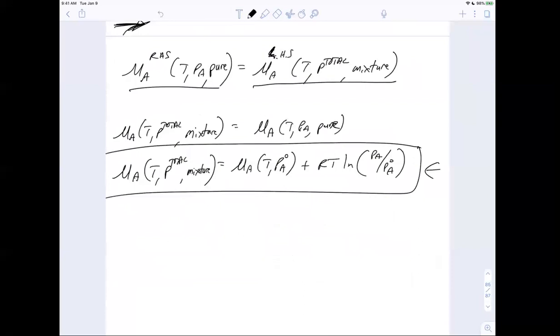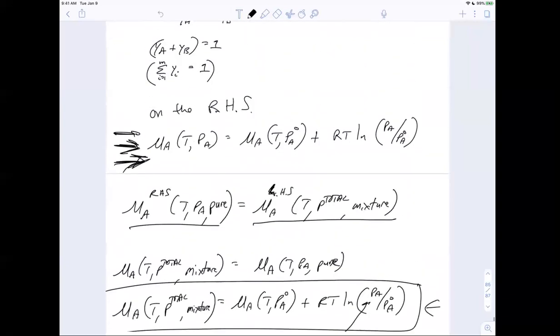Okay. So now we know that P sub A, which, if you want to call it, is the pressure of A on the right-hand side, has to equal the pressure of A on the left-hand side. The pressure of A on the left-hand side is just the partial pressure of A. So we know that P_A is equal to y_A, the mole fraction of A, times P total.